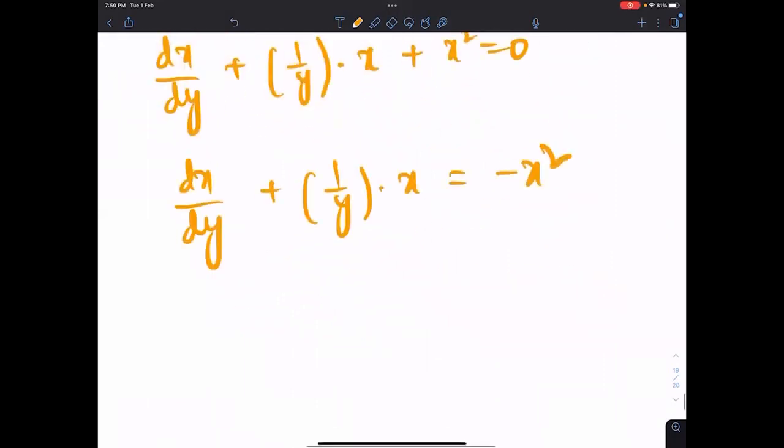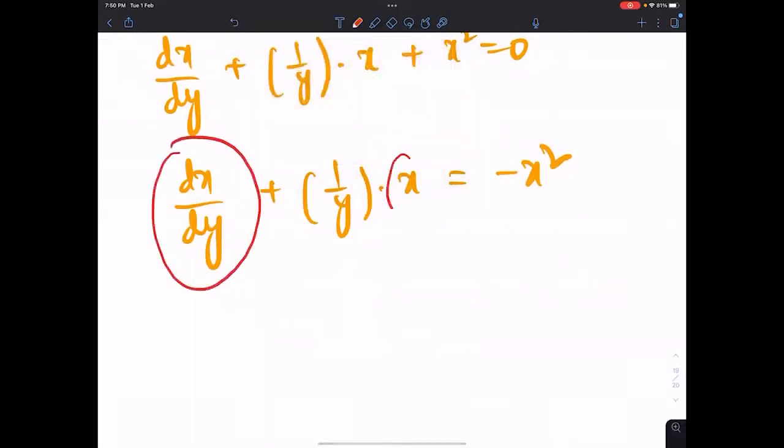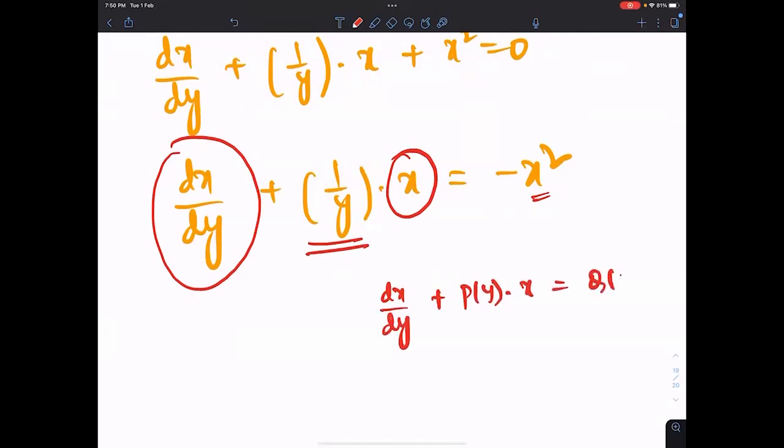Now is this an LDE in x only? dx by dy is there, x is there, and the coefficient is in terms of y. But on the right hand side, x square is there. Actually, LDE in x means it should be like dx by dy plus some p of y into x equals q of y.